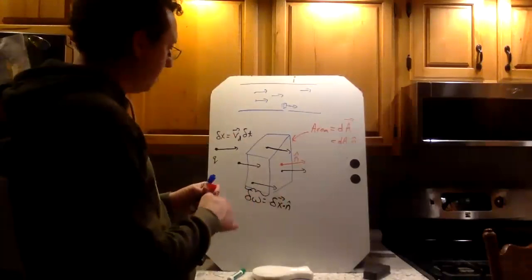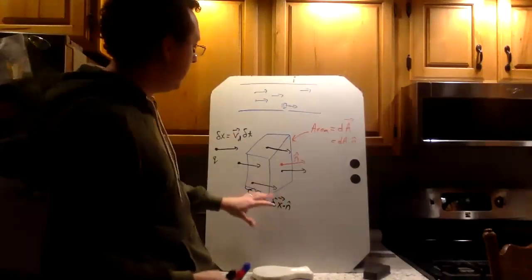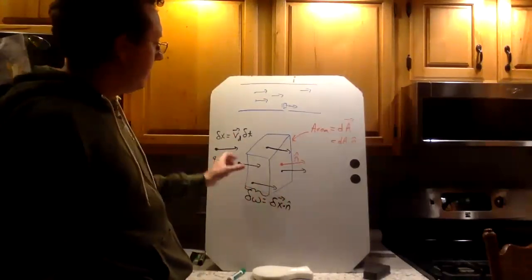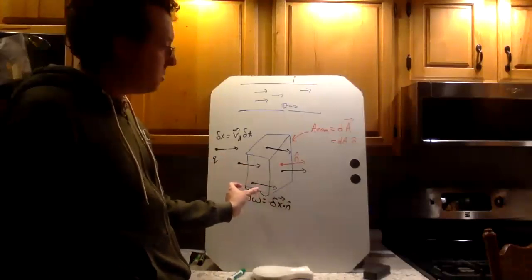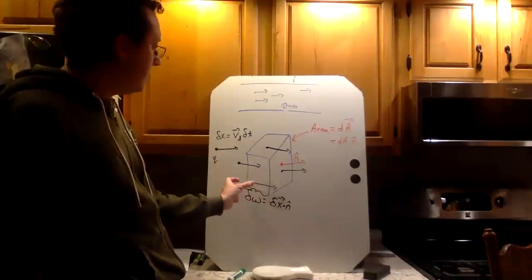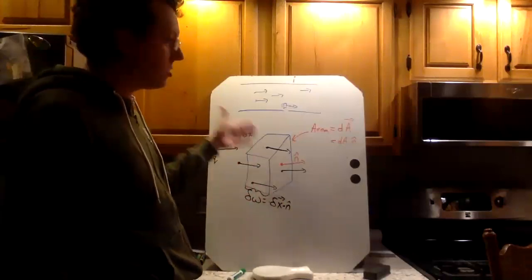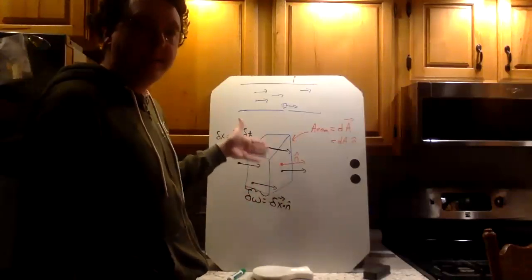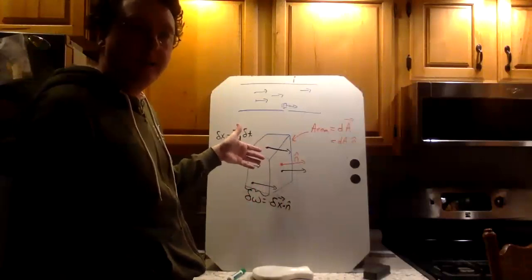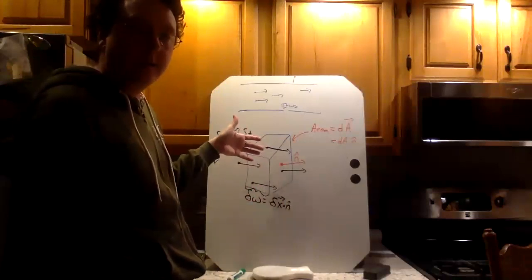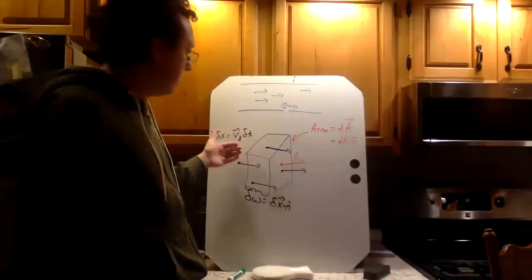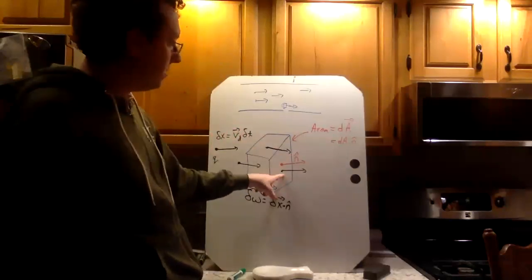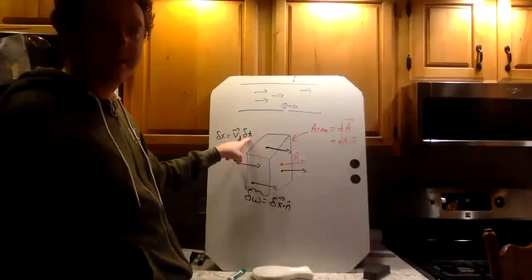If I do that, then I've chosen this little slab to be sized so that every charge which starts out inside that box will flow through this surface in a time delta t.